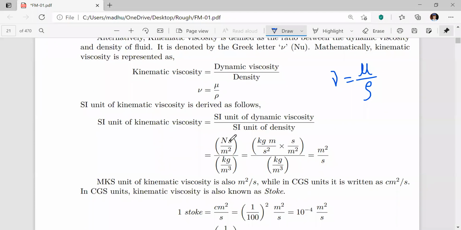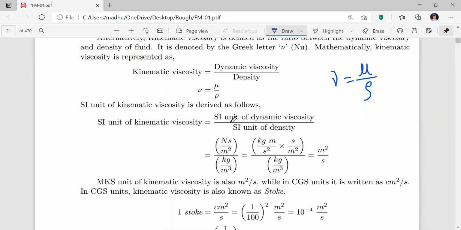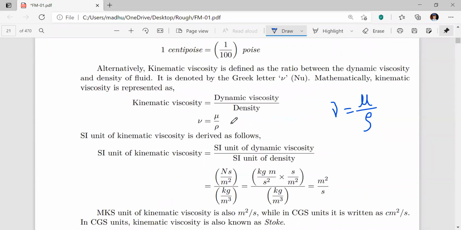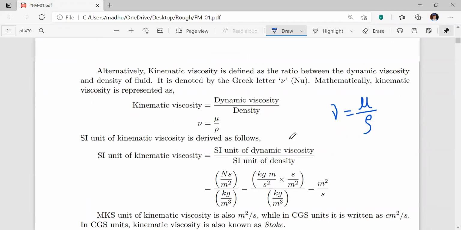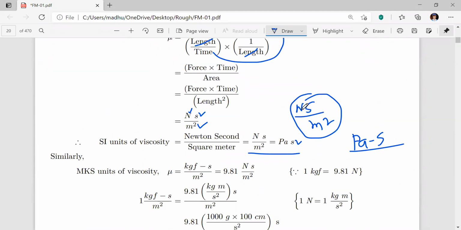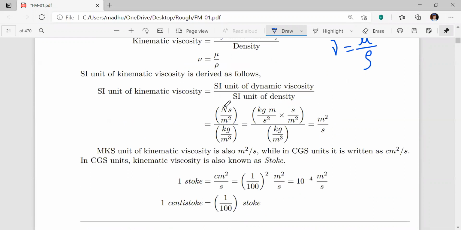Now again, the derivation of this one. The SI unit of dynamic viscosity, directly I will put, is Newton second per meter square, divided by the SI unit of density, kg per meter cube.